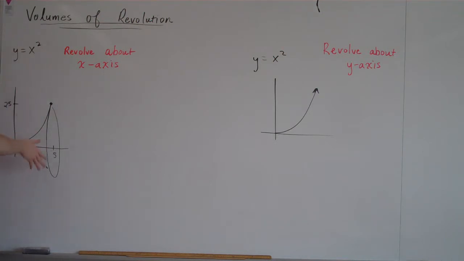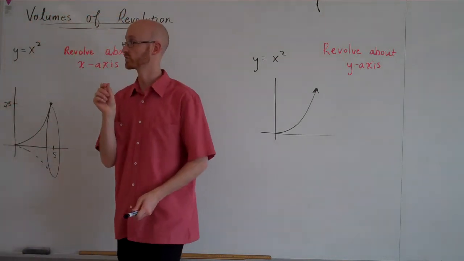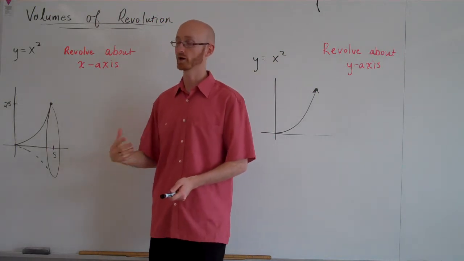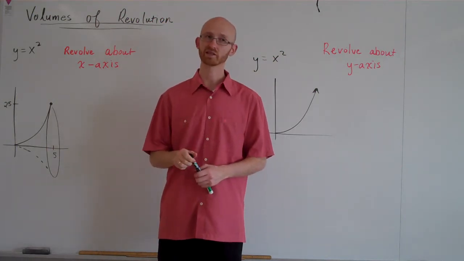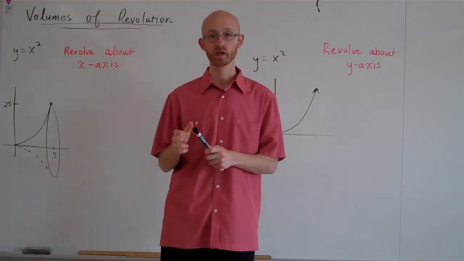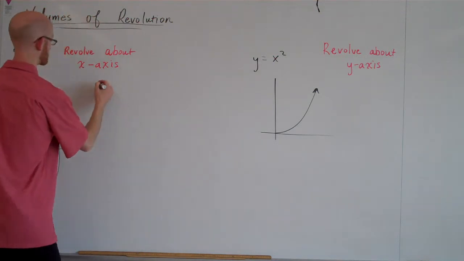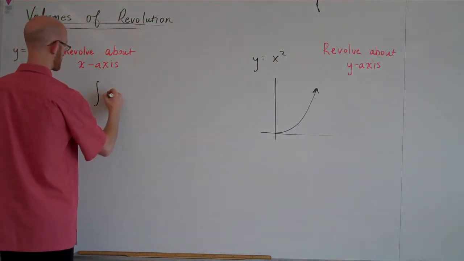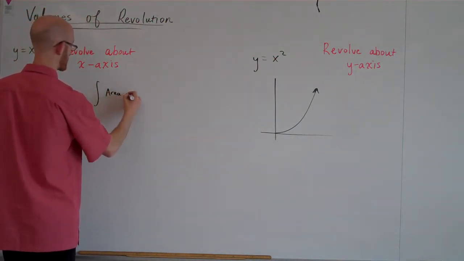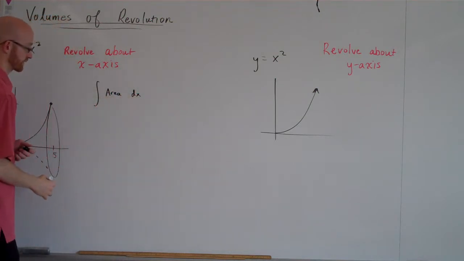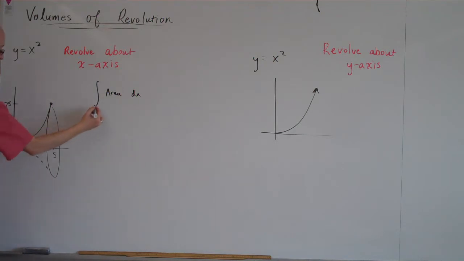So if we take all the areas of those circles and add them up, now there's infinitely many of them. If we slice them really thin, infinitely many little circles, if we add all those things up, we'll have the volume. Now you might think, well, how are you going to add area up and have volume? Remember what integration does, though. So what we're going to do is basically integrate the area of each disk dx, right? From, in this case, 0 to 5.